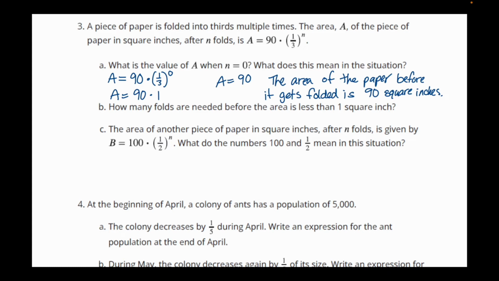So definitely use a calculator to help you with that and plug in different values of n. So from there, I would just keep going up until I got to an answer. So I would start with 1, and then 2, and then 3. And what you'll find is that we actually needed to fold it 5 times. So use a calculator.